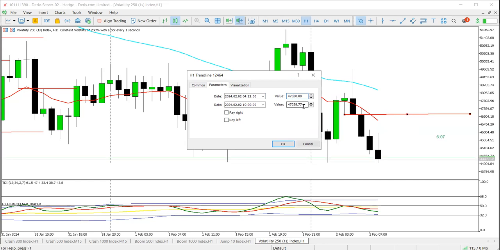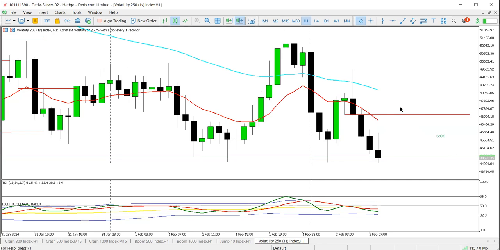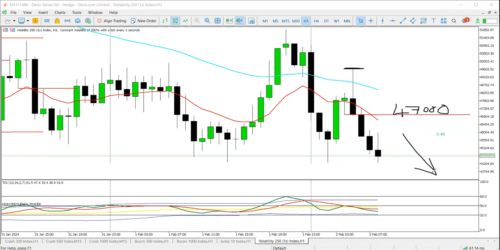Let's see if we round it out to 47,000, what it looks like. Okay, that's still perfect. So 47,000 would be my point of interest for sales, with a stop loss just above this high on H1. Then the TP would definitely be open, or we just target that low on the daily.